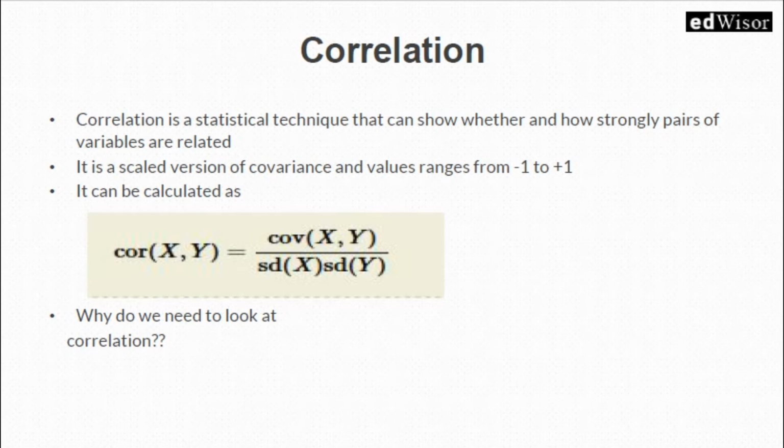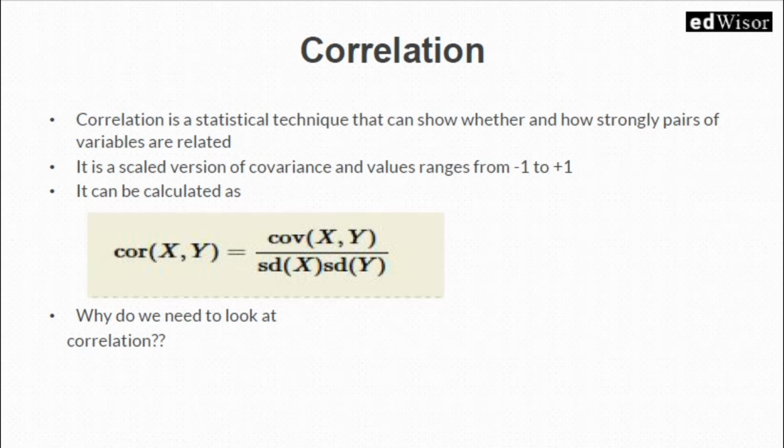The only difference between covariance and correlation is that covariance has no fixed range. The value of covariance can vary from minus infinity to infinity. But in the case of correlation, the value ranges from -1 to +1.